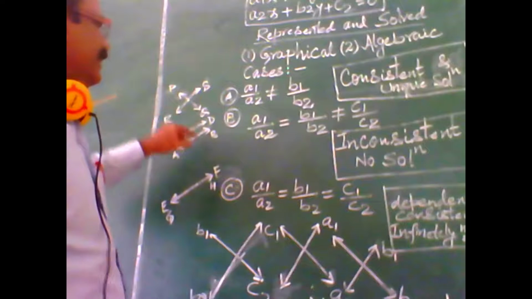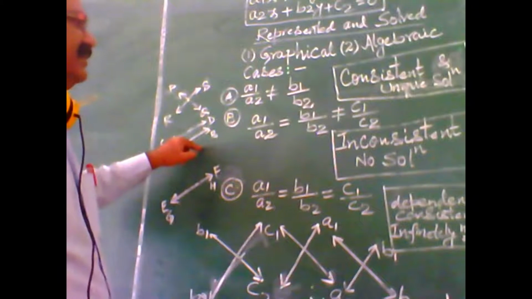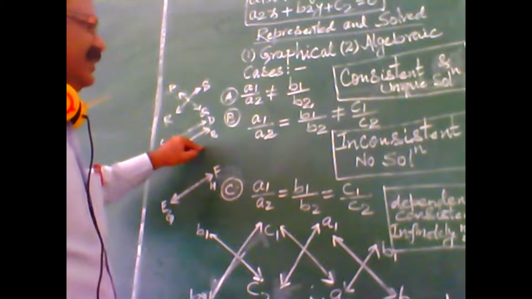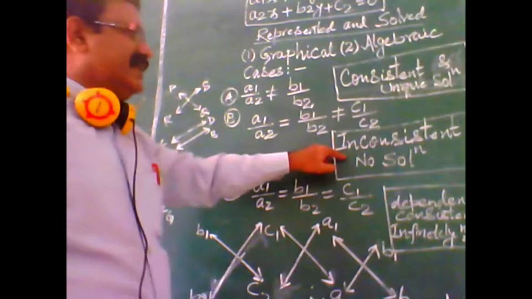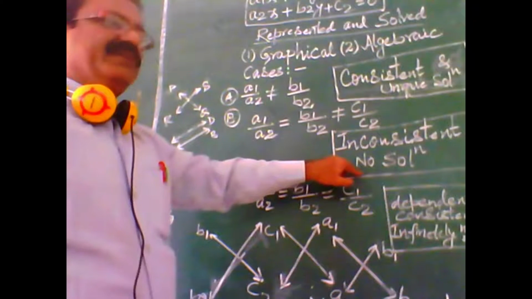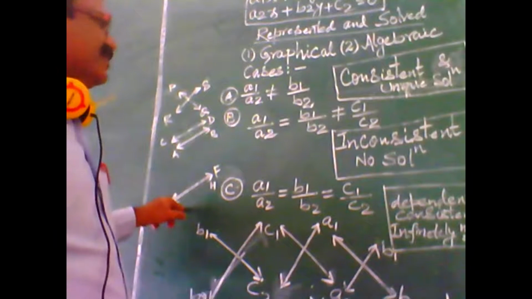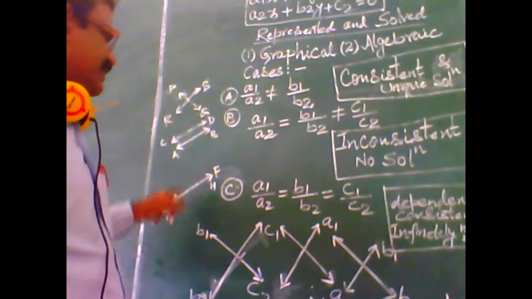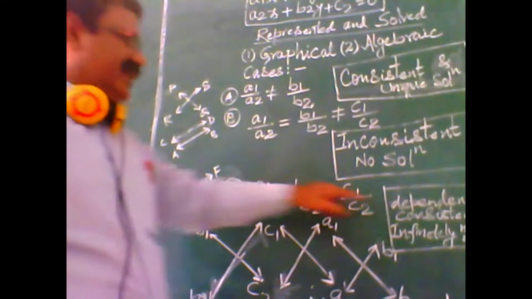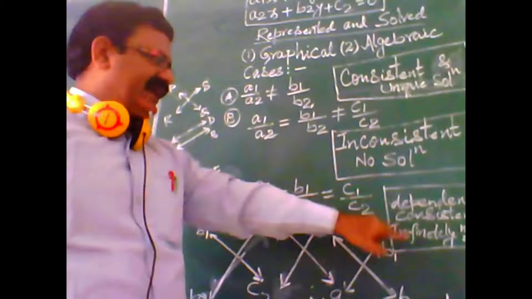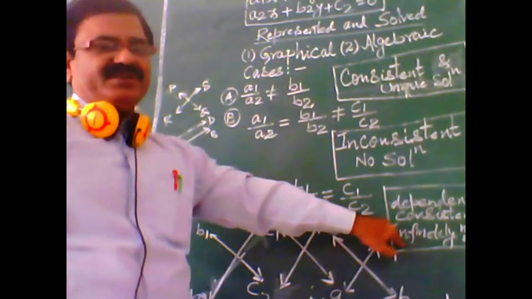Another case is if the graphs of the two linear equations are parallel to each other, the system will be inconsistent and there will not be any solutions. And the third case is the coincident case. In such conditions the system is dependent and consistent and infinitely many solutions can be obtained.